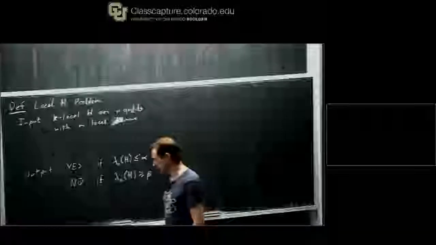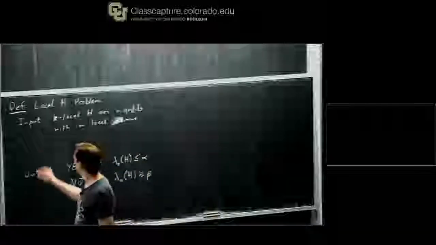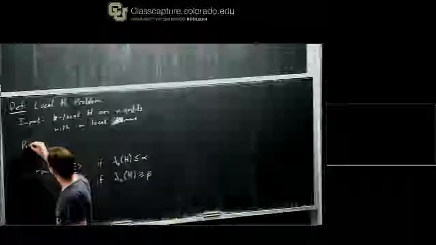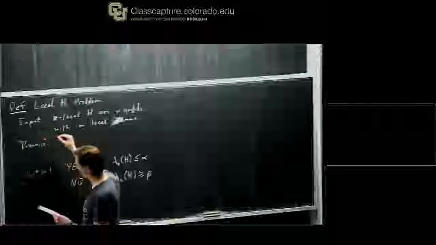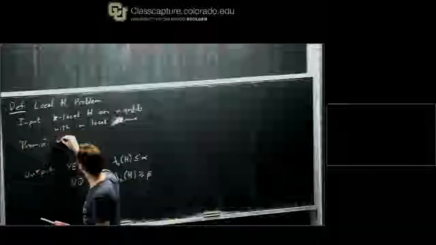Okay, and where do these alpha and beta come from? There's one extra ingredient here that we didn't discuss yesterday, which is usually referred to as the promise, where I'm promised that the minimum eigenvalue falls into one of these two cases.